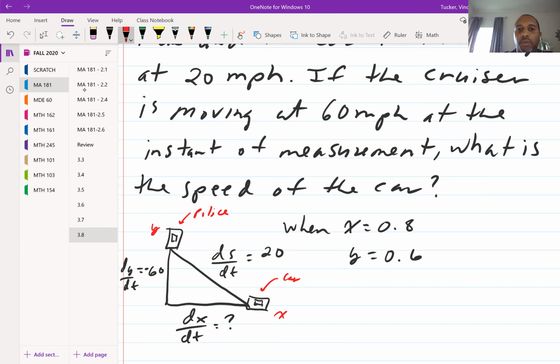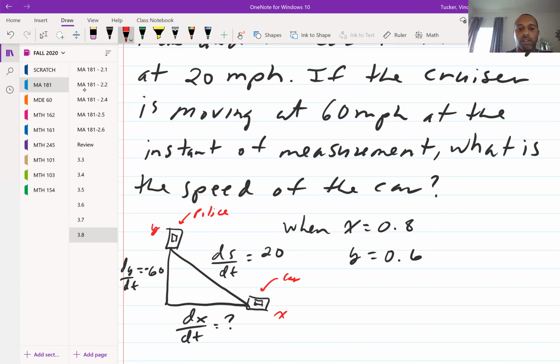So he's going 60 miles per hour, but it should be decreasing. And so we want to know what is the speed of the car. So that should be positive, unless, let me see, is he coming up to the intersection? Yeah, the police is coming up to the intersection. So that's why he should be negative 60.